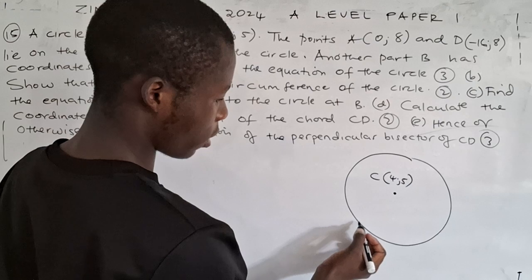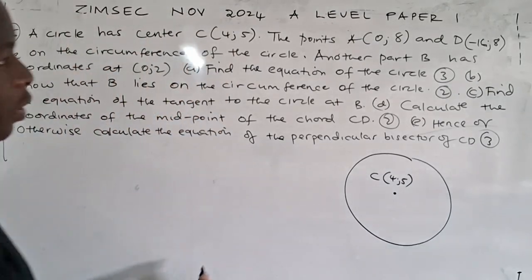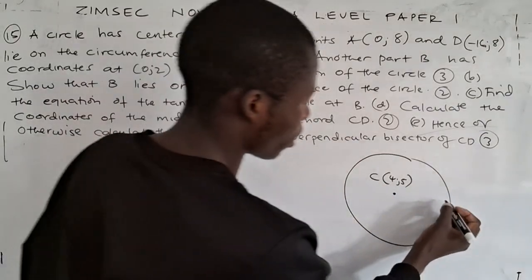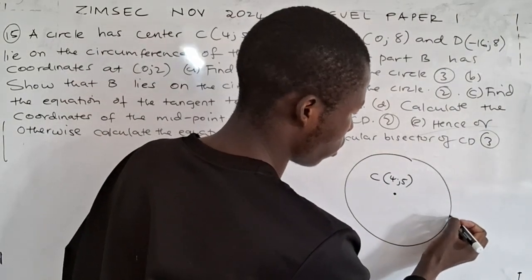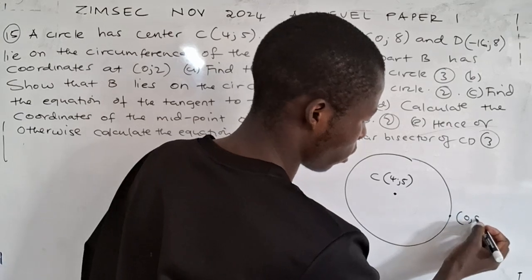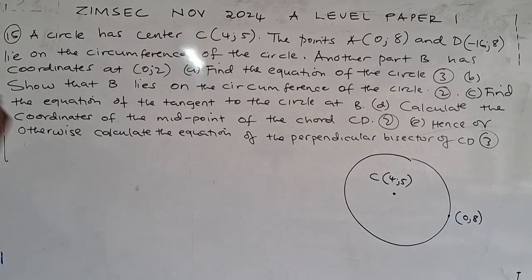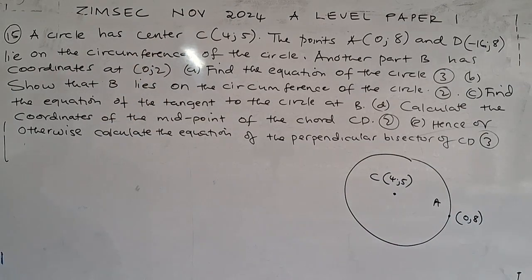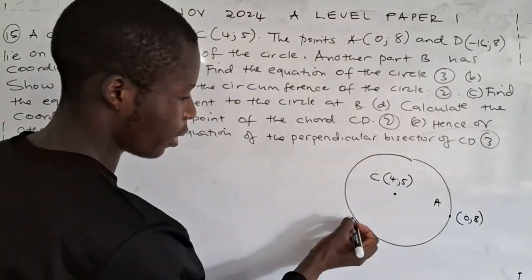Suppose this is (0, 8). This is point A. And D is (-16, 8).